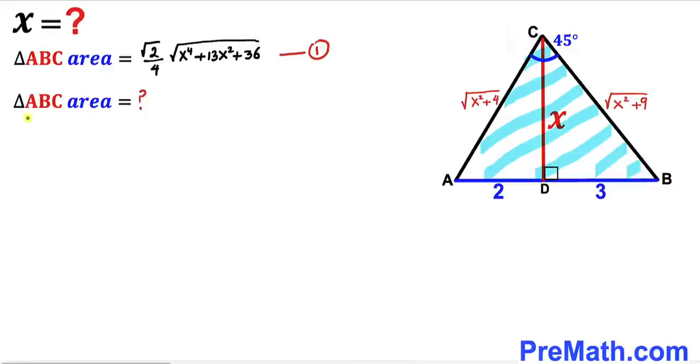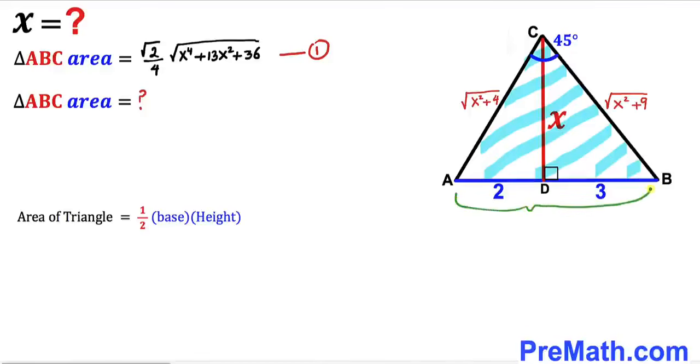Once again, we are going to calculate the area of triangle ABC in a different way. Let's recall the area formula: area equals a half times the base times the height. This time the base of triangle ABC is this whole side, which is 2 plus 3, giving us 5, and the height is x.